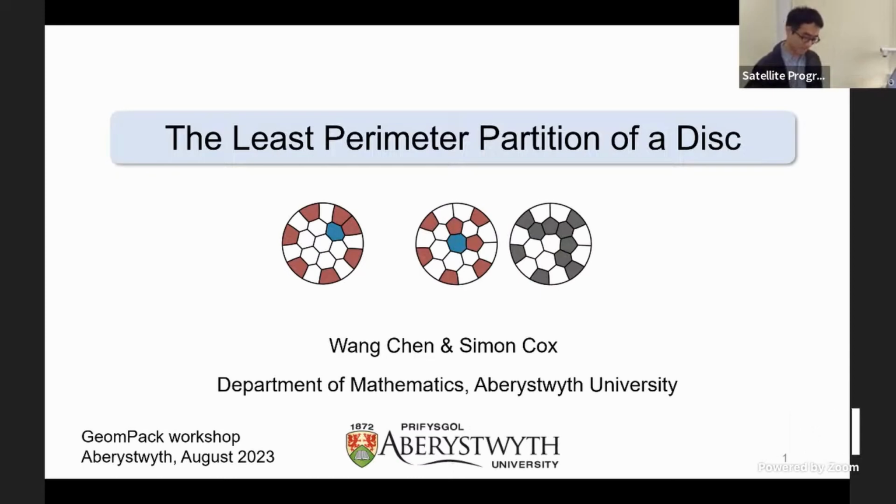The element shown in the left column is how the small region distribution and the topological defects change in the simulation process. And here I present some candidate solutions for the least perimeter partition of the disk in a bidispersed system.